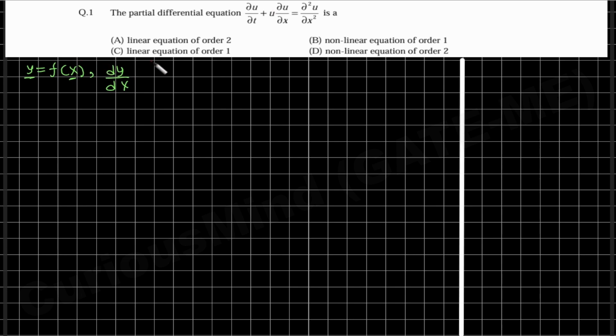On the other hand, in case of partial derivatives, there can be many independent variables, let's say x and t, which are in this given partial differential equation, with one dependable variable, let's say u, and this one dependable variable becomes the function of those independent variables.